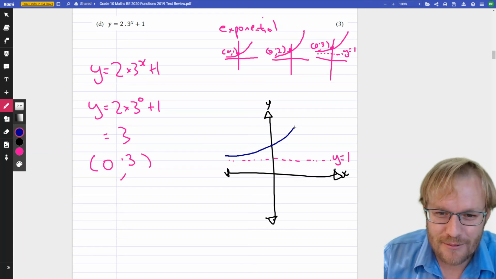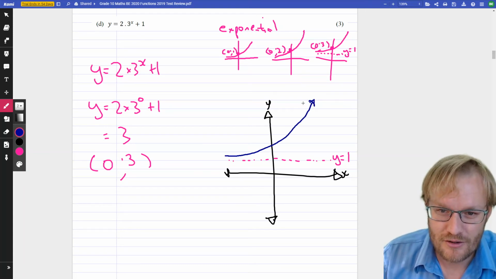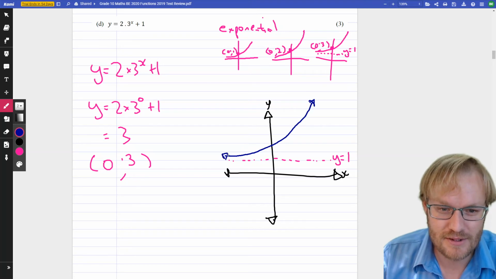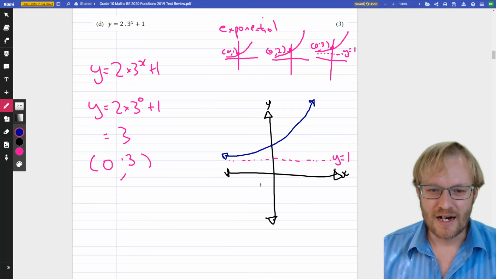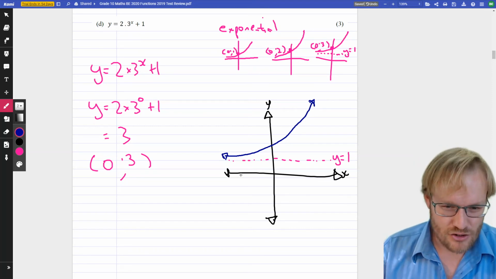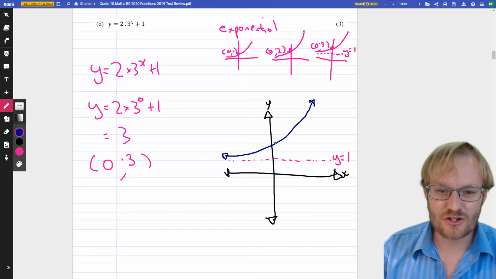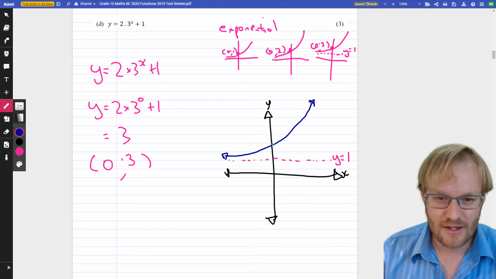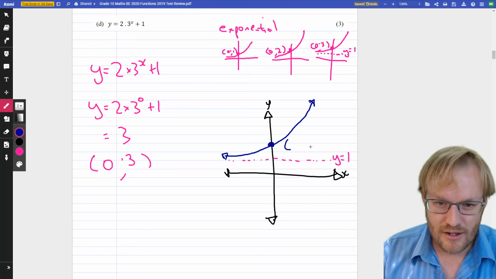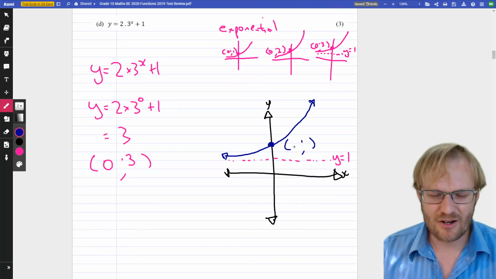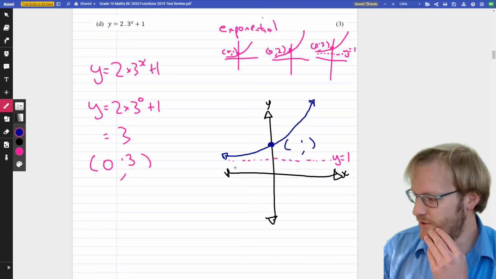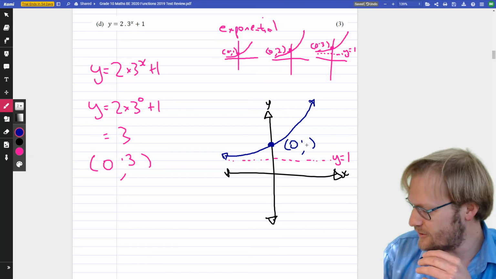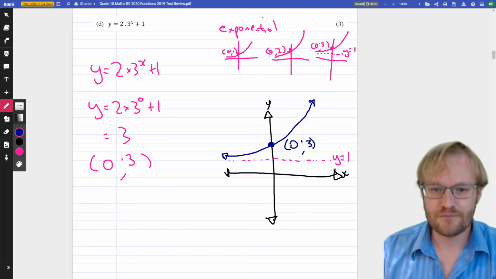Okay, so we got our graph. We know its shape looks like this. Notice that I didn't put that y-intercept in yet because then I'm going to be forced to draw through that line. I haven't put -1, -2, -3. I'm interested in the shape and the important points. That's an important point. And I'm not thinking, oh, was it 3, 0, or 0, 3? I can look across here. I wrote 0, 3, so it's 0, 3.